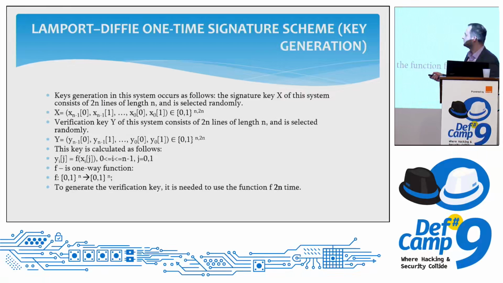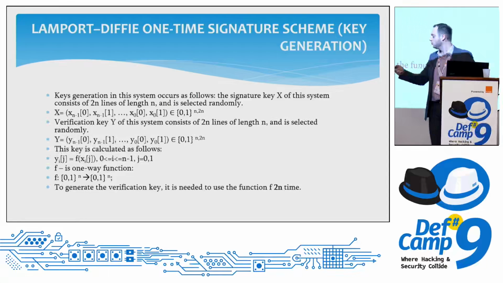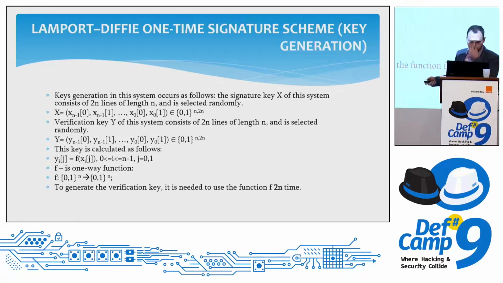So here you see, x are our signature keys, y are our verification keys, and how are they obtained? We apply f, a one-way function. What is f? f is a one-way function that maps n bits to n bits.